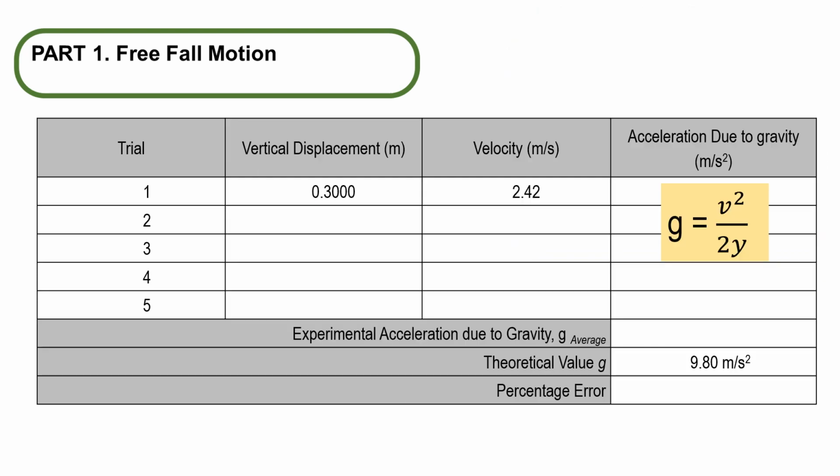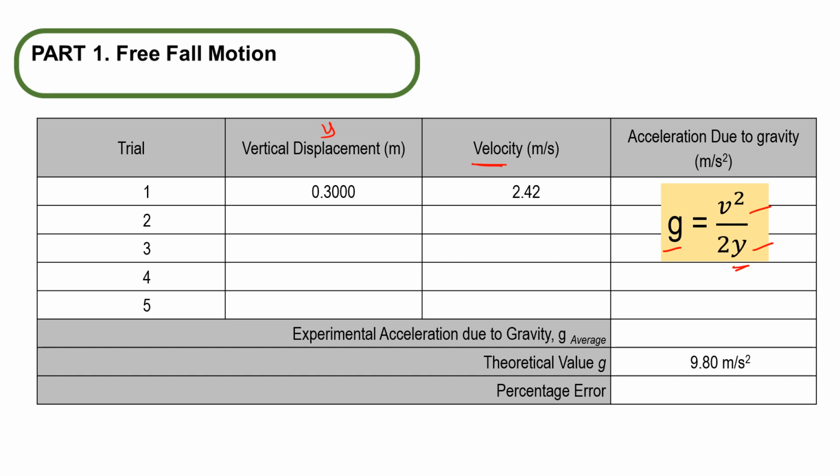So assuming we have this data for the vertical displacement again, that is 0.3, for the velocity that is 2.42 meters per second, and for acceleration due to gravity, we can compute it using this formula. Acceleration due to gravity, which is g, is equal to v squared divided by 2y. The v here is the velocity, which is in the third column, and the y is the value of the vertical displacement.